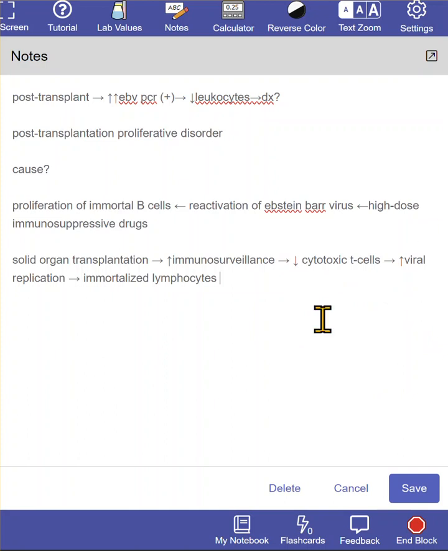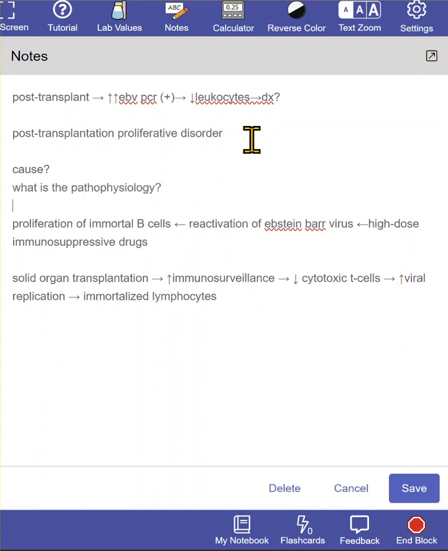And so this usually happens in the context of Epstein-Barr virus. Okay.